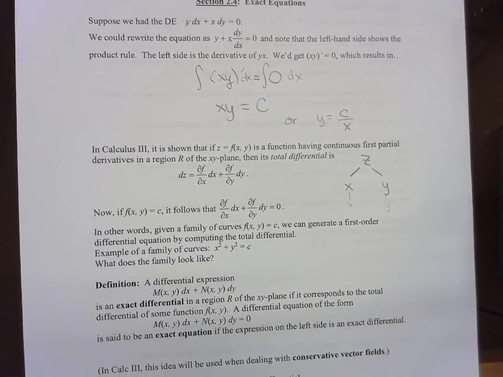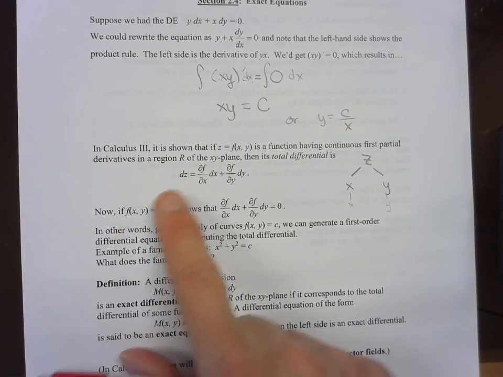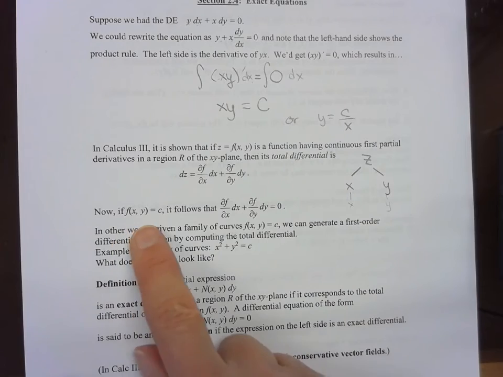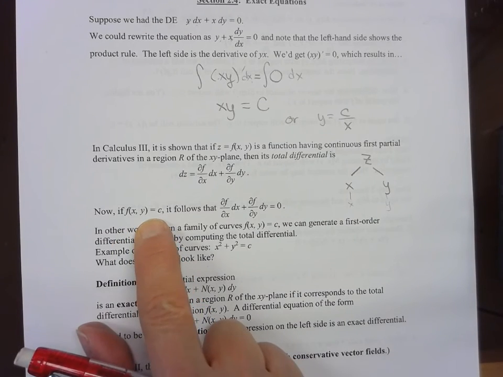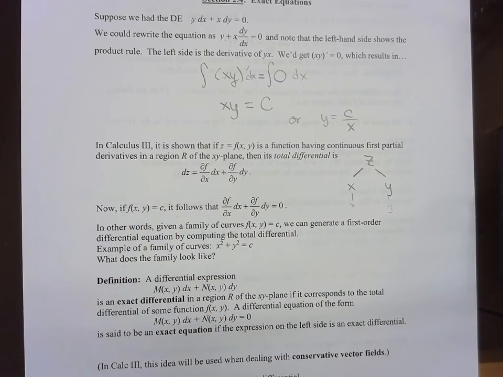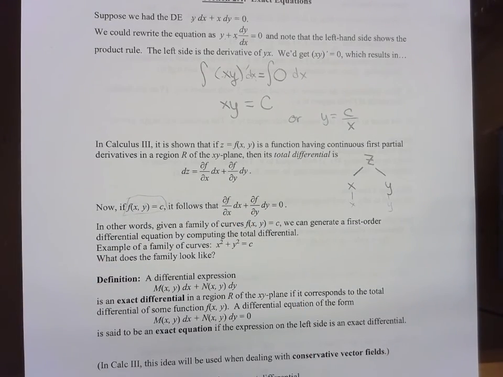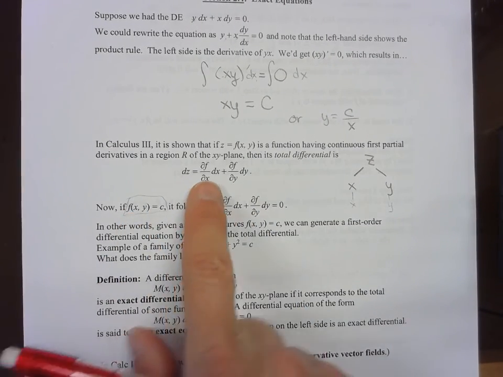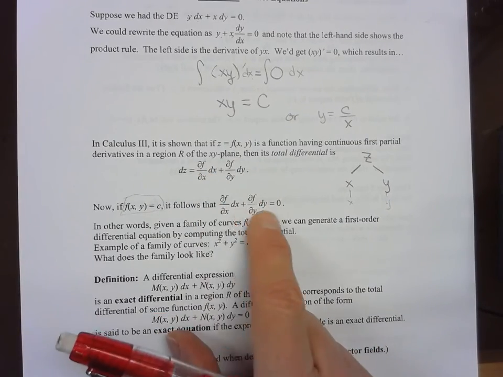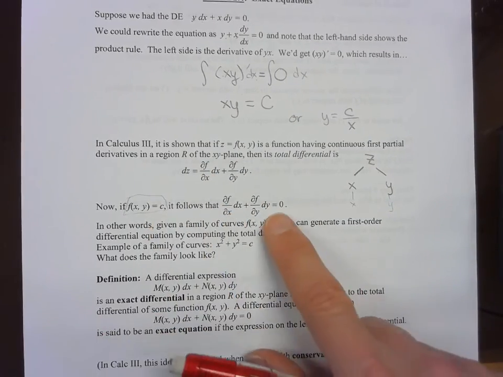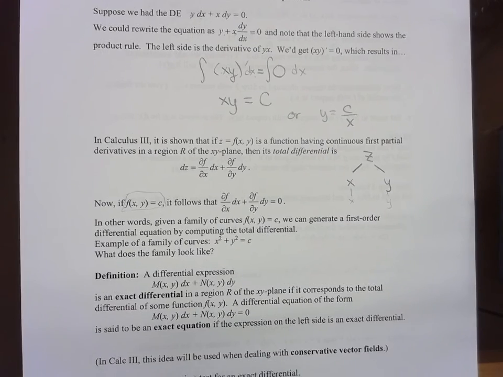If you took Calc 3, that should look familiar. So if f of xy is equal to some constant, and we take the derivative of both sides of this equation, we know that the derivative of the left-hand side is this, and then the derivative of a constant is 0.